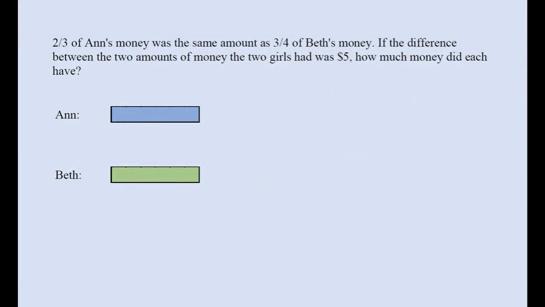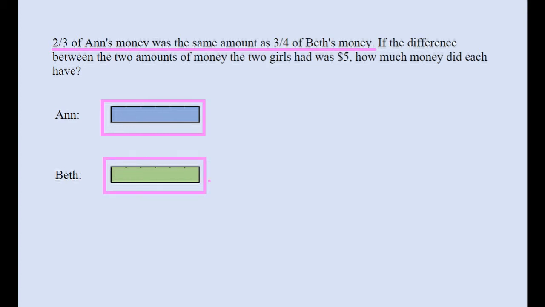We know the question says 2/3 of Ann's money is the same as 3/4 of Beth's money. So let's say this blue rectangle represents 2/3 of Ann's money, and a same size green rectangle represents 3/4 of Beth's money.